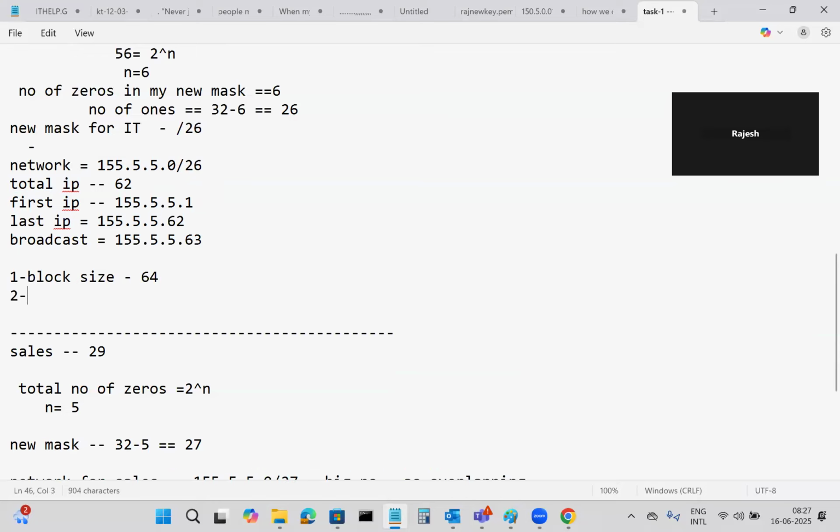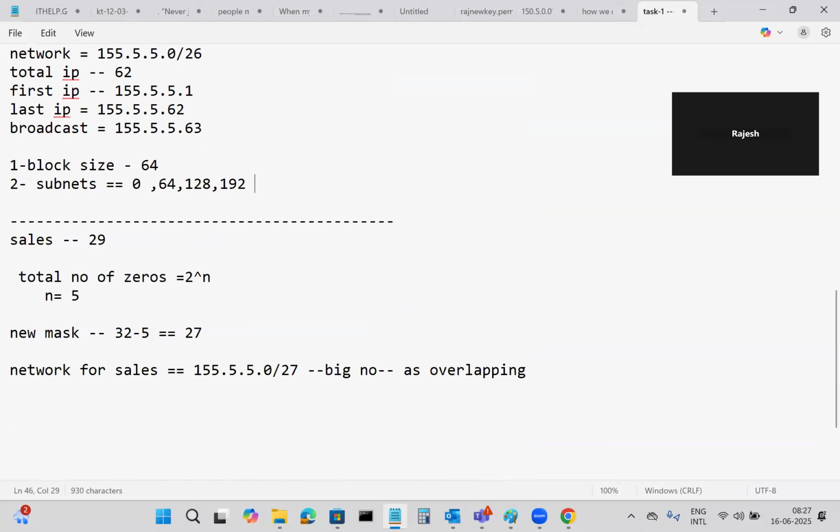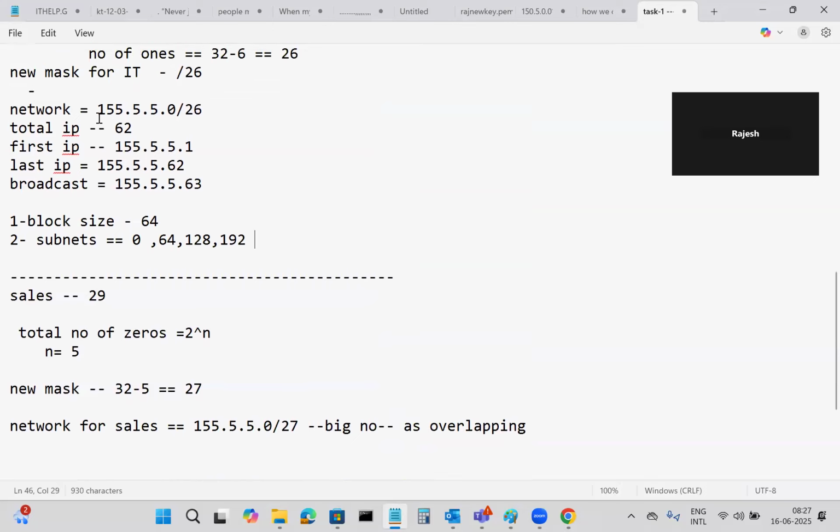What will be the subnets for the IT department? It is going to start with 0, then 64, then 128, and then 192, like that. Correct?